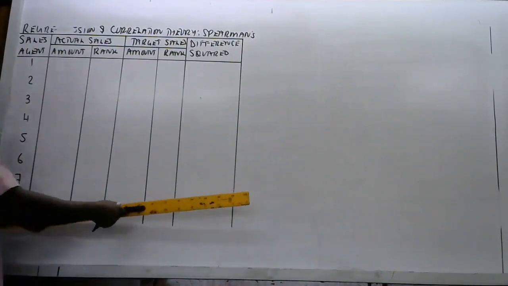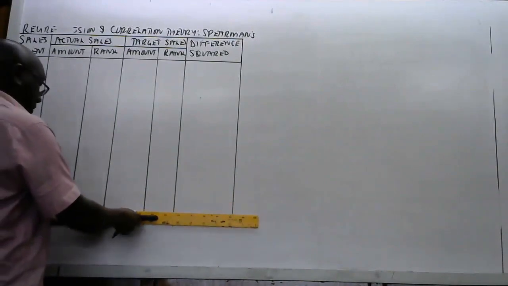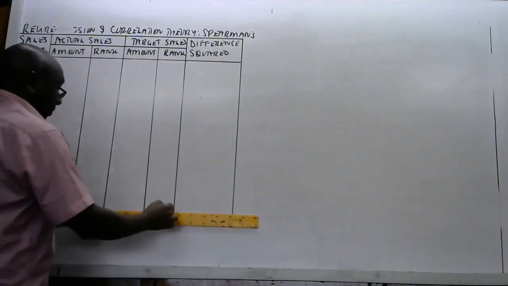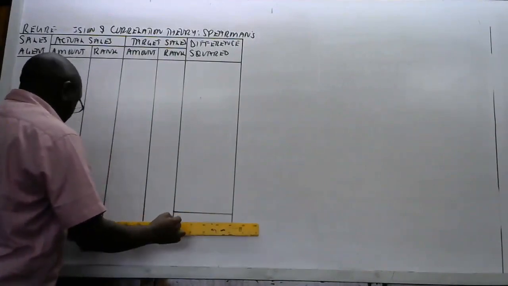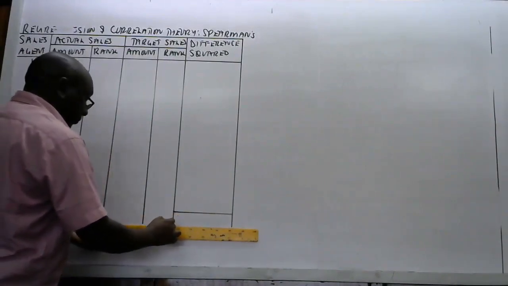So you now copy the data as provided. We have 1, 2, 3, 4, 5, 6, 7, 8. Then the last column.